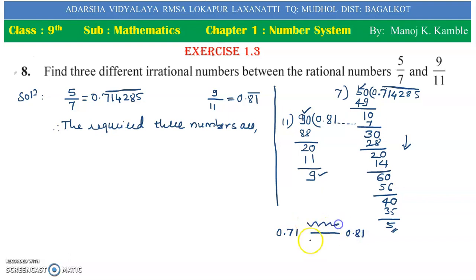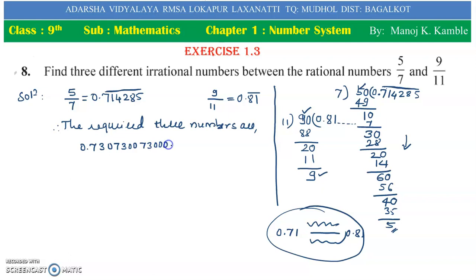Take any number, so I am taking 0.73, then 0.73 00 73 000 and continue. This is an irrational number.